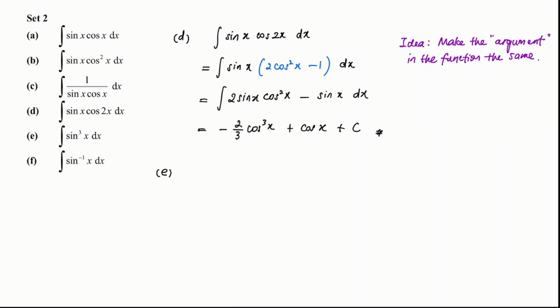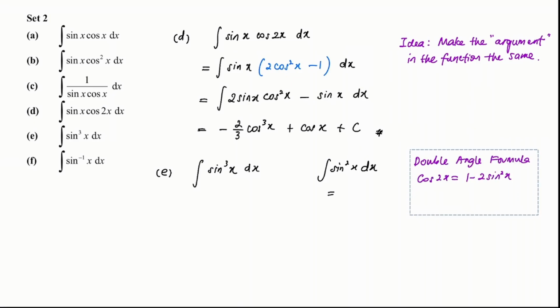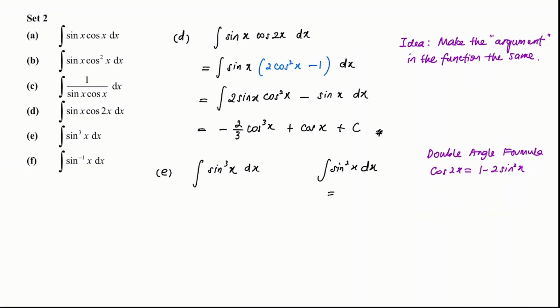Okay, now for part E over here, let's take a look, sine cube x dx. Now likewise, for sine square x dx, how do we integrate this one? This one over here will make use of our double angle formula, right? And the double angle formula that we are considering is cosine 2x equals to 1 minus 2 sine square x.